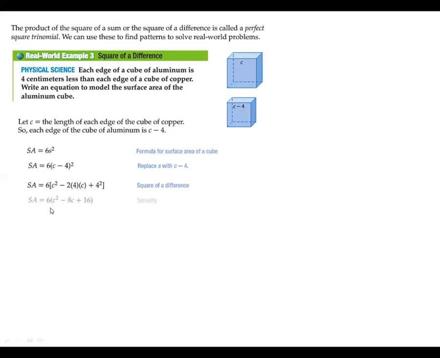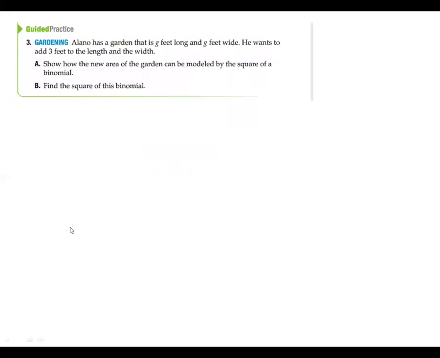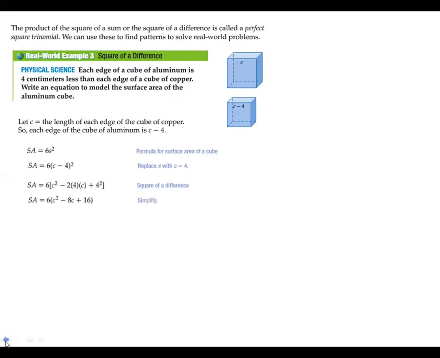So it's 6 times c squared minus 8c plus 16. All right, and we could distribute the 6 here and get 6c squared minus 48c plus, all right, what's 6 times 16? 6 times 10 is 60, so that'd be 96.